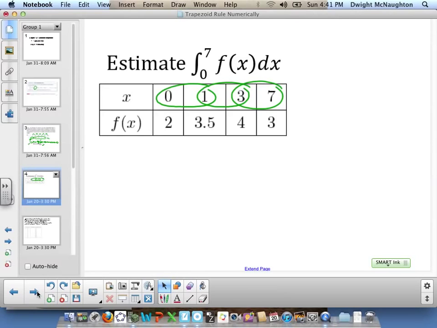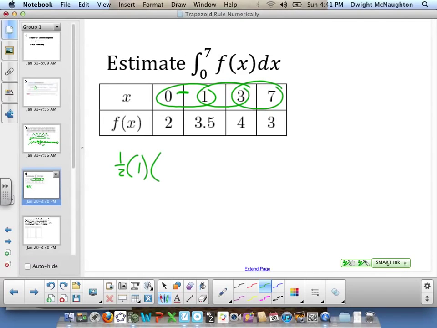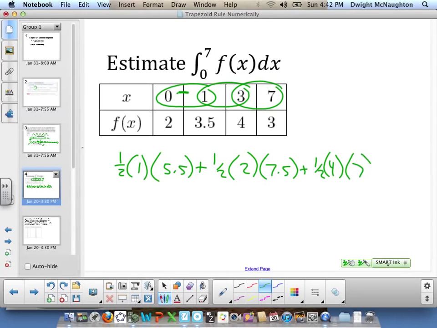So we got 3 trapezoids. The first trapezoid, the height from 0 to 1 is 1. And then we add our bases, 2 plus 3.5, 5.5. The second trapezoid, the base from 3 to 1 is 2. Add the heights, 7.5. And the last trapezoid from 7 to 3 is 4. Add the heights.